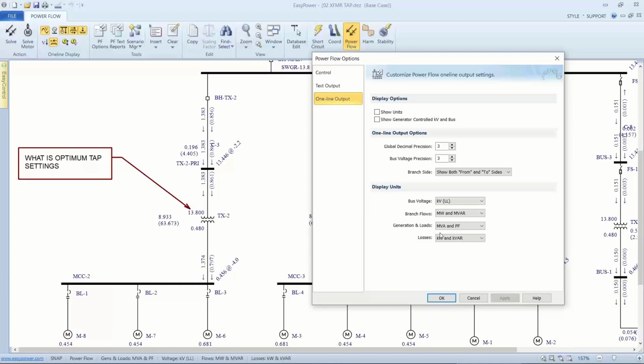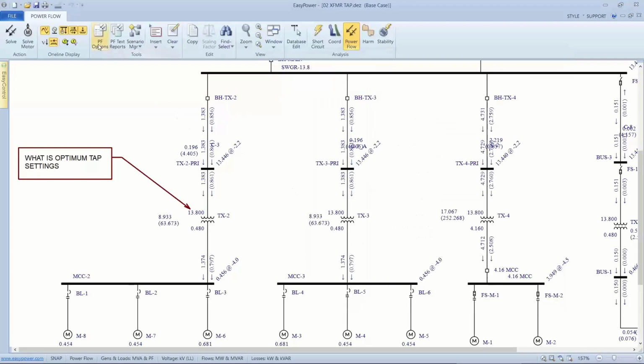Then my generator and load are going to show MVA and power factor, and the losses will be in kilowatts and kilovars. If I want to amplify or turn off the loads, I can do that. Branch flow, we talked about. Transformer taps.